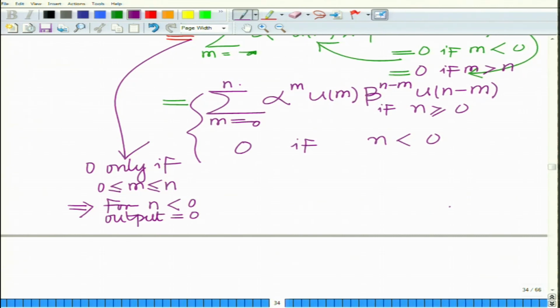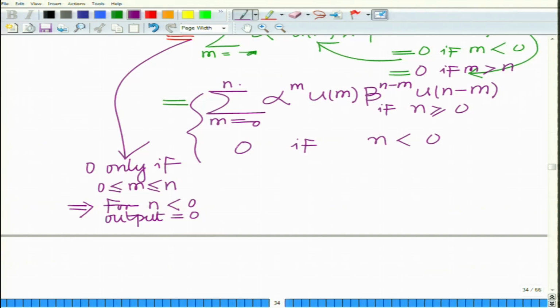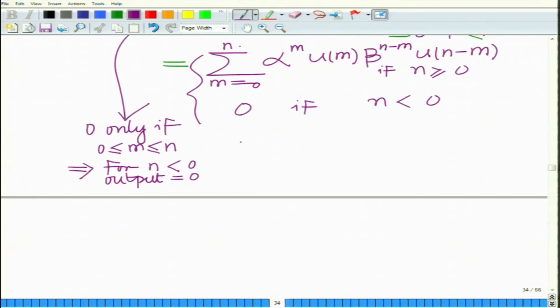You can also see this from the nature of the input signal and the impulse response, because the input signal is causal, that is, it is 0 for n less than 0. The impulse response is causal too, it is 0 for n less than 0, and therefore the output is naturally going to be causal, non-zero only for n greater than or equal to 0 and 0 otherwise.